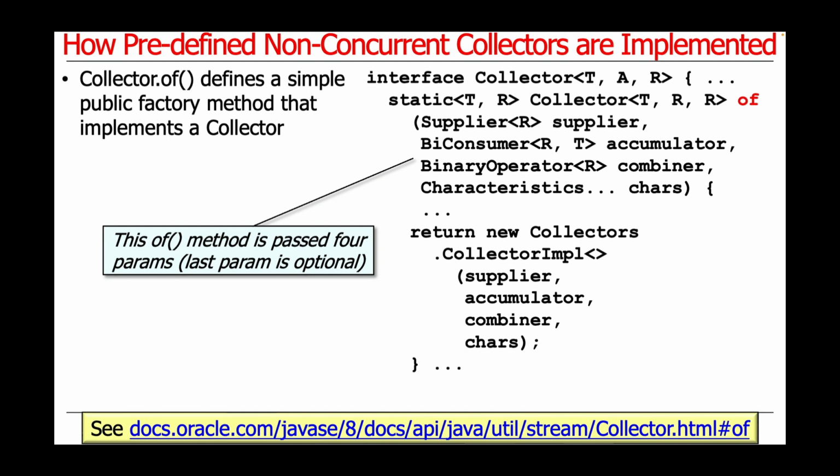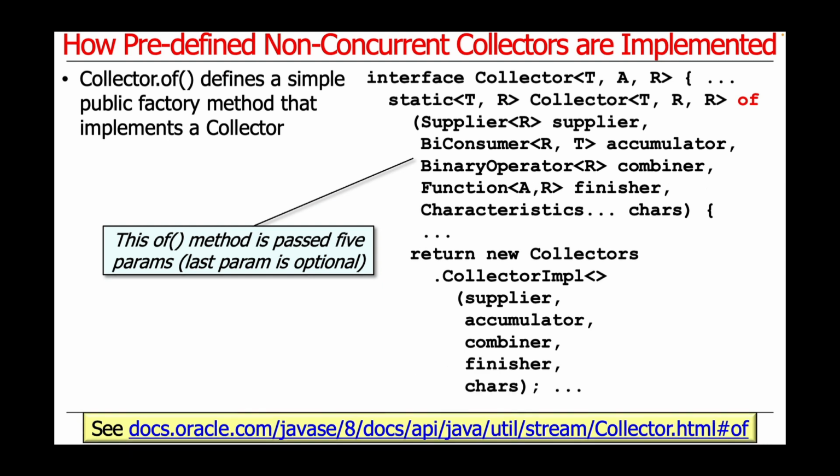Then there's another method, actually two more methods, called Collector.of. And this defines a public factory method that implements a collector. So you can see this particular version is passed 4 parameters where the last parameter is optional. That's what the ... means here under characteristics. So we don't have to provide that. And you can see that what it does is it calls CollectorImpl, passing in these 4 values. And then there's also a 5-parameter version, which will take something in addition.